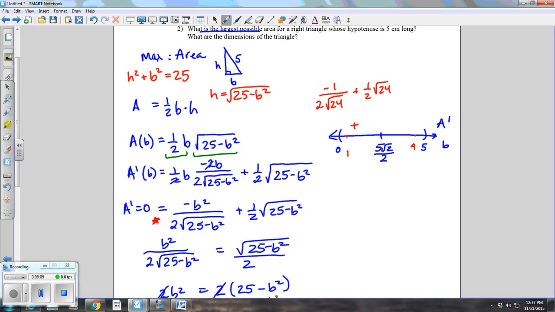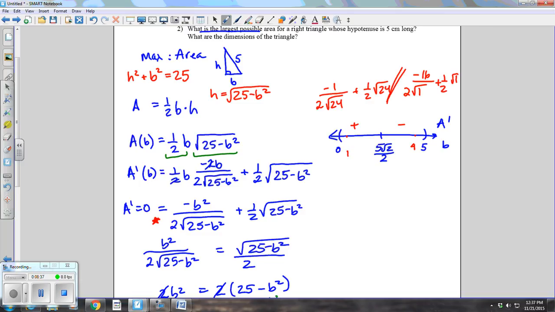If we plug in a 4, so that's going to be the other side of our critical value, I'd have a negative 16 over 2 times the square root of 1. This one's a lot easier. And then plus 1/2 square root of 1. Now that is, to me, clearly a negative 8 plus 1/2, definitely a negative value up there.